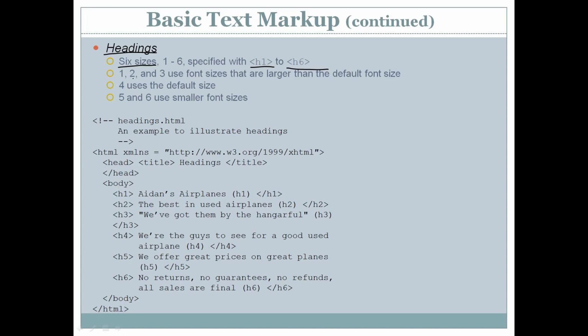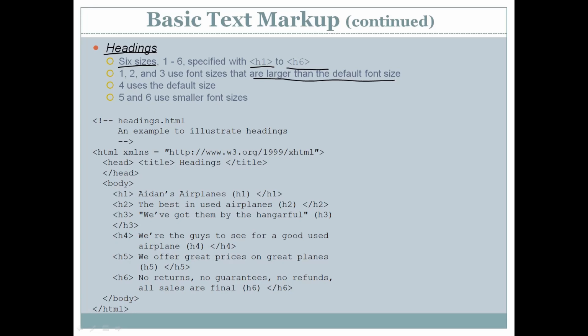Now H1, H2 and H3 use font sizes that are larger than the default font size. Every browser has its default font size. It may be 8 points or 10 points or in some cases 12 points.